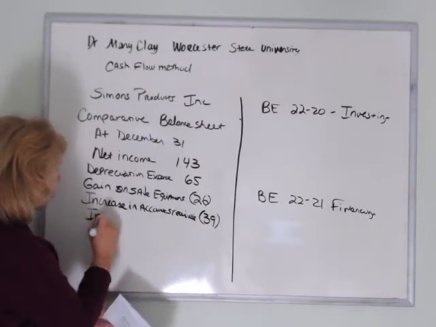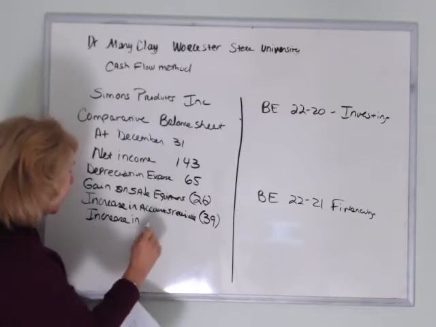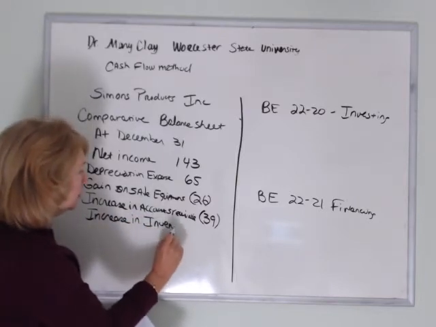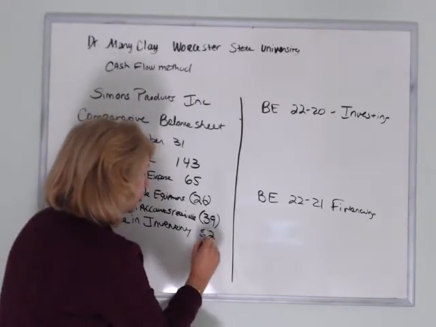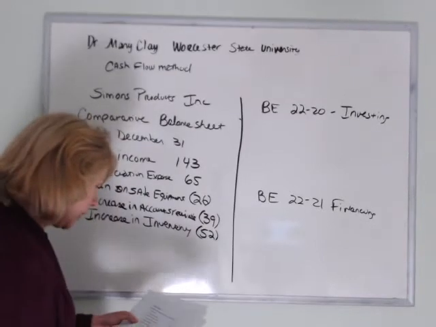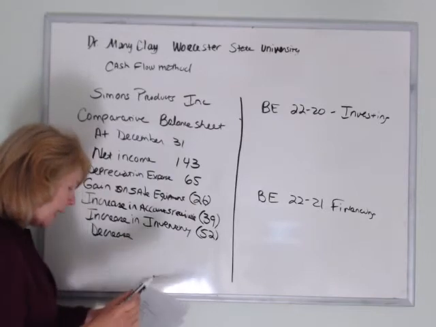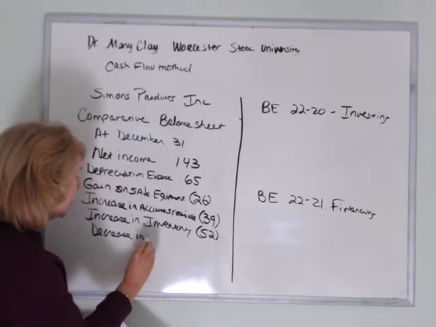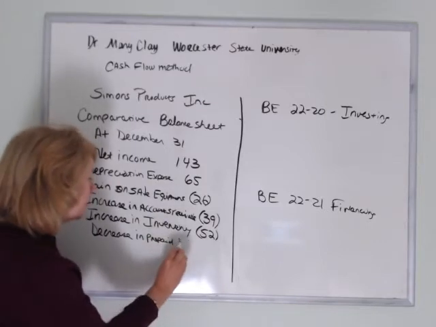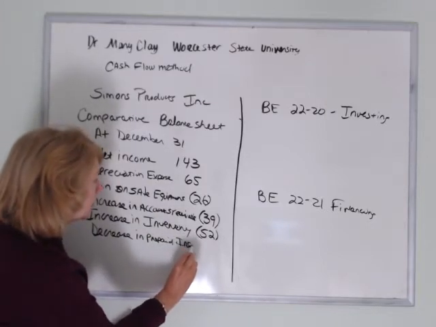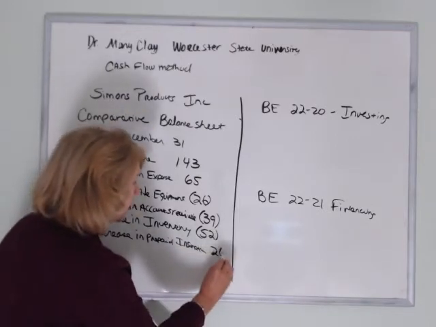Increase in inventory, remember, doesn't make sense. It's the opposite. Inventory increased, so I will also show that negative, whatever the change is. Decrease in prepaid expenses. Remember, a prepaid expense is a current asset. Prepaid, in this case, insurance. And it decreased, so it's going to show the opposite, so that would be a positive 26.